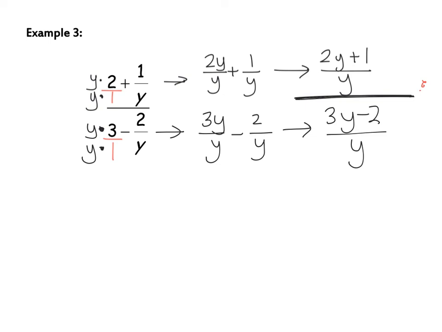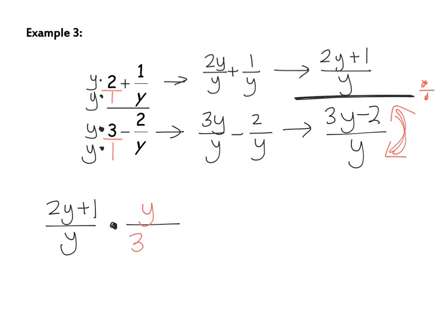So now we have our division problem, and we're going to change that to multiplying by the reciprocal. (2y + 1)/y multiplied by the reciprocal of this one. So y/(3y - 2). Now that we have a multiplication problem, we ask ourselves for noticing any factoring.